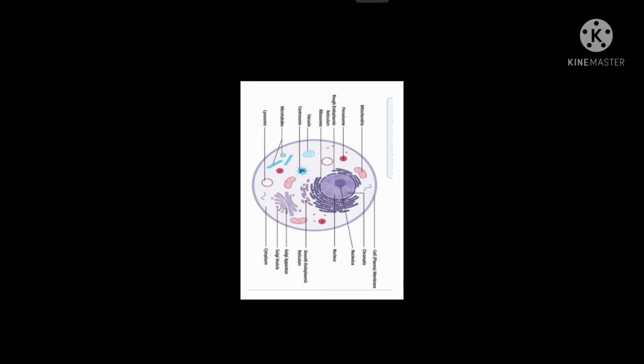So the cisternae, as I told before in the previous session, are the folding-like structures. They are about 0.5 to 1 micrometer in length, and they are flat in the Golgi complex.